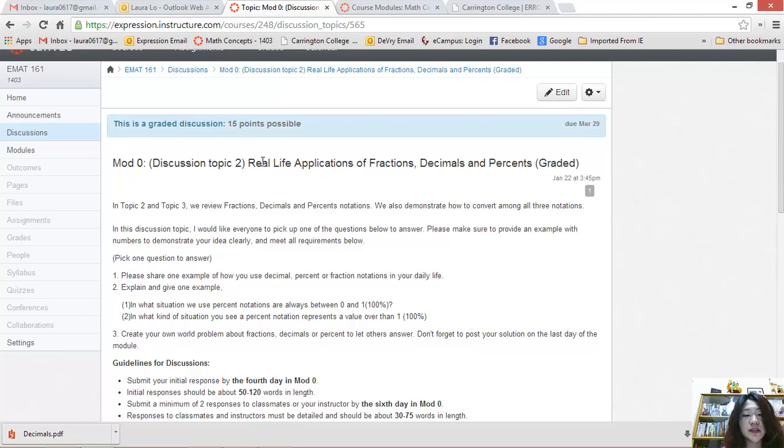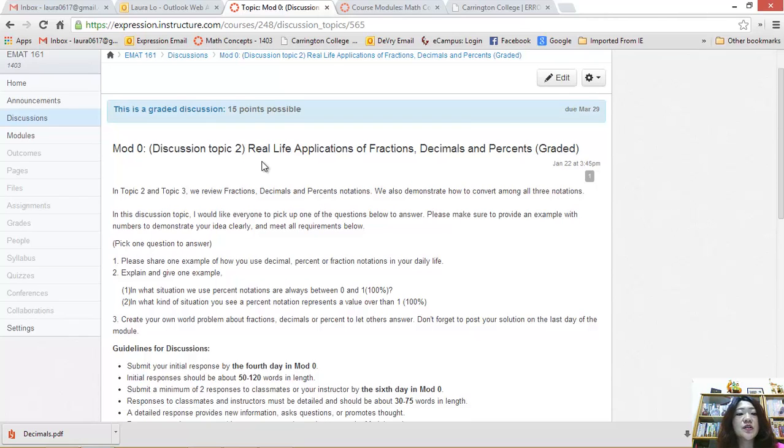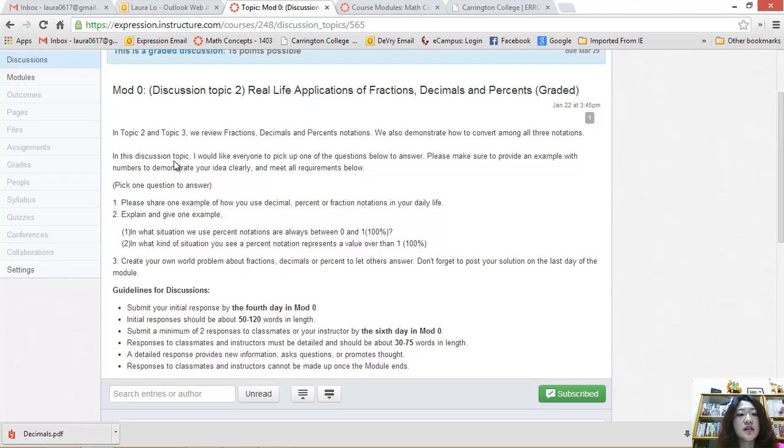For example, in module 0, we just reviewed the calculation of fractions, decimals, and percentages. So I want you to share with me how you apply those important notations in real life. In discussion topic 2, you have 3 questions you can answer. So you just pick one of the questions to answer.